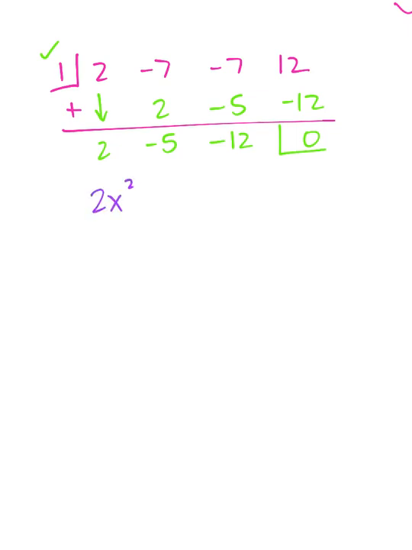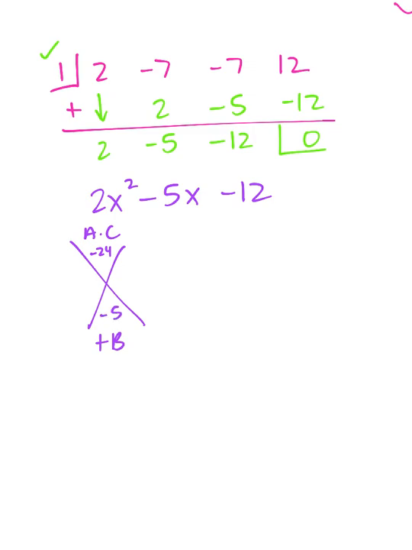Now this is 2x squared minus 5x minus 12. So we can do a couple of different things. We can go ahead and do quadratic formula, or we can try to factor. This one does factor using bottoms up, so it's totally up to you how you want to do it. If you want to do quadratic formula, go for it. If you want to try to factor, go for it. So 2 times -12 gives me -24.